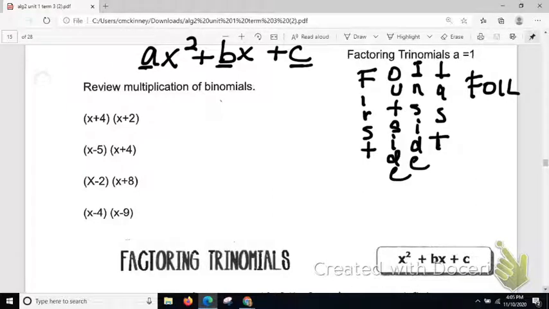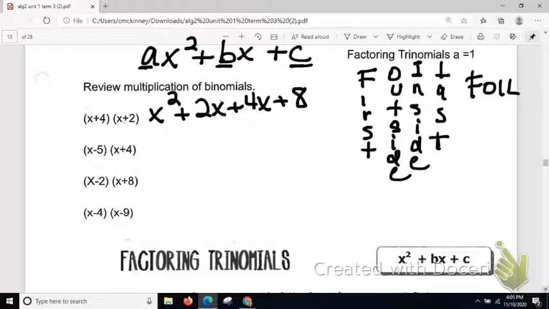The first times the first, x times x, is x squared. The outside times the outside is 2x. Then the inside is 4 times x. And last times last is 4 times 2, which is 8.